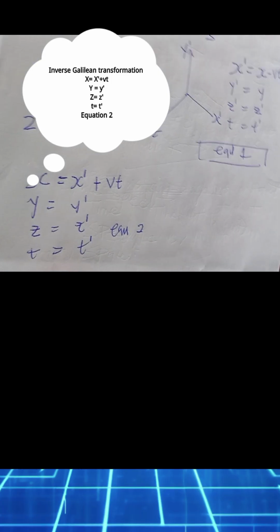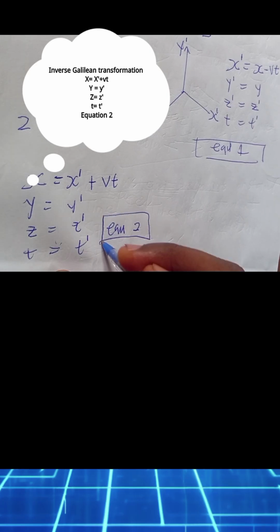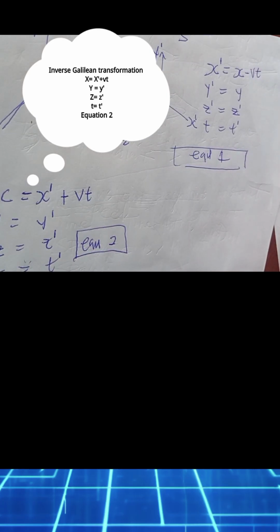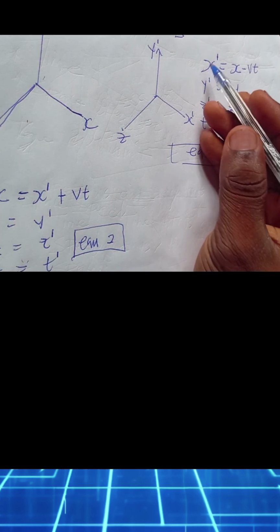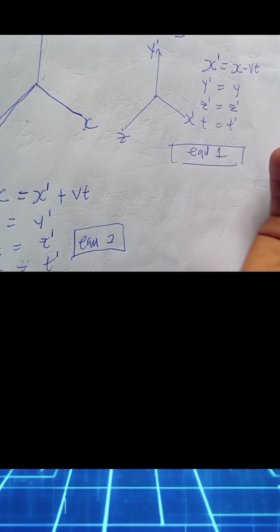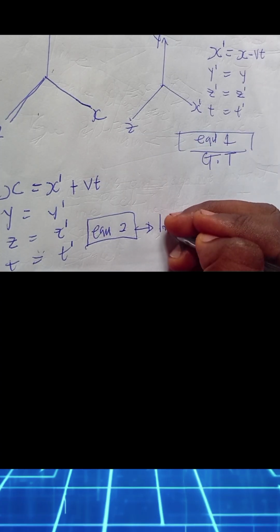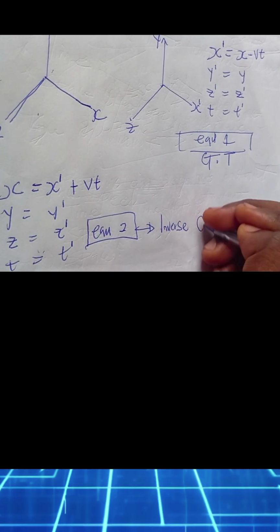Now please, between these two equations, can you see a difference? Look very well. The difference is that one starts with prime, but that is not the major difference. This one is the Galilean transformation, GT, while this one is the inverse GT.